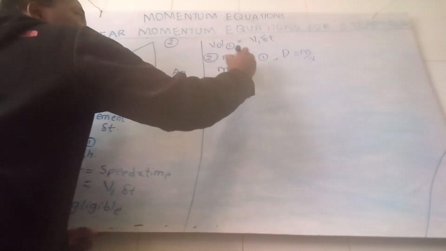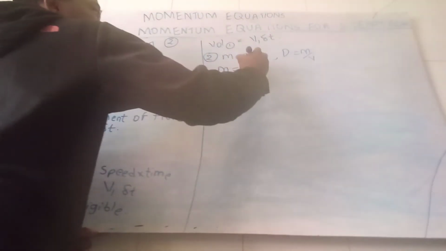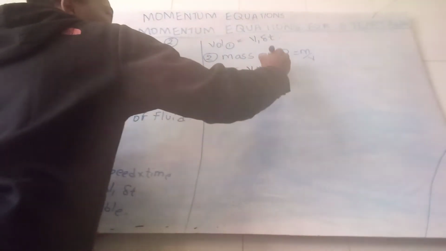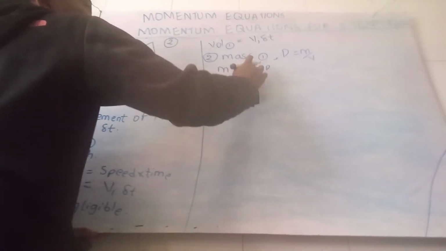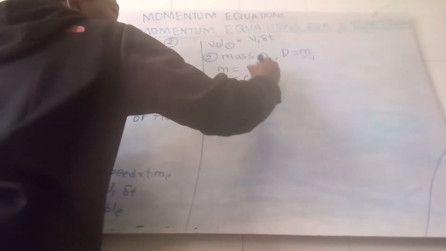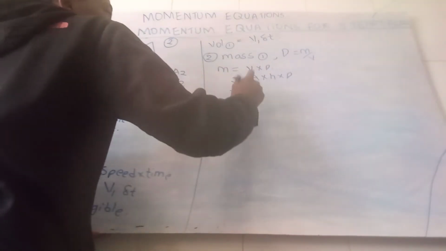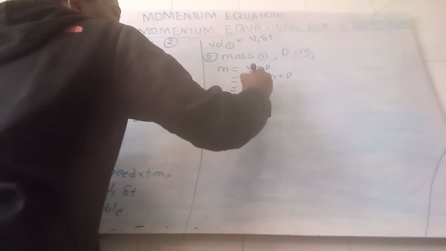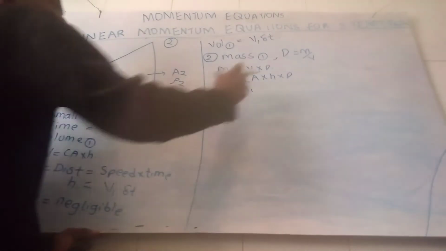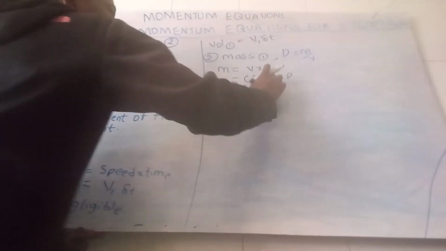Therefore, mass is given by volume times density, whereby volume is cross-section area multiplied by height. Cross-section area is A1 at point 1 multiplied by height h.